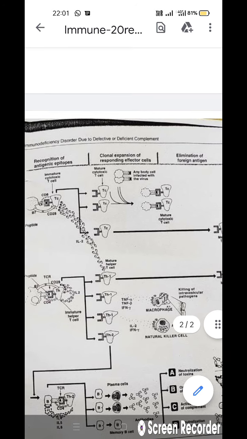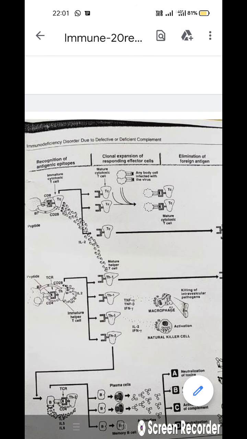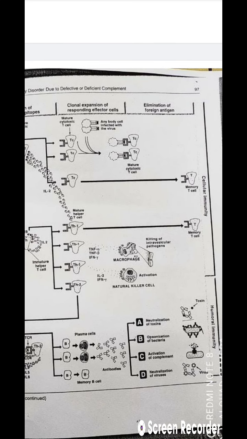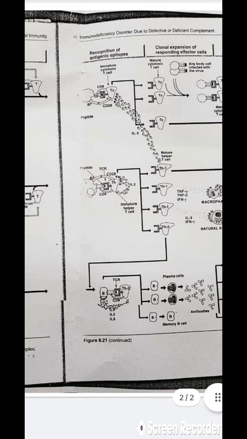Same concept: the primary immune response is a little bit delayed, but the secondary immune response is very fast due to the presence of memory T cells, memory cytotoxic T cells and helper T cells. Now this is the story of cytotoxic immunity.